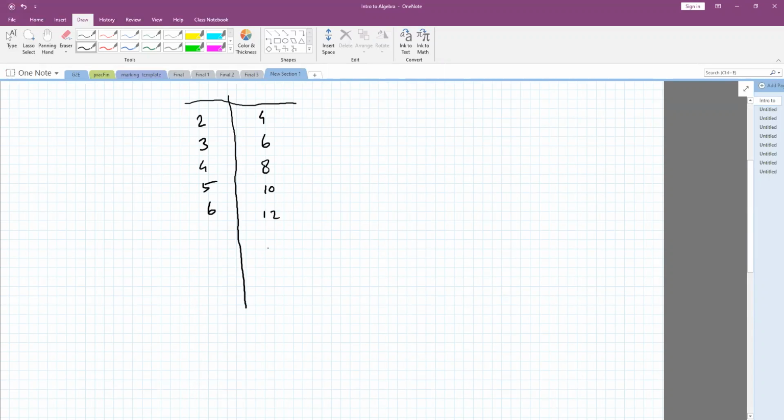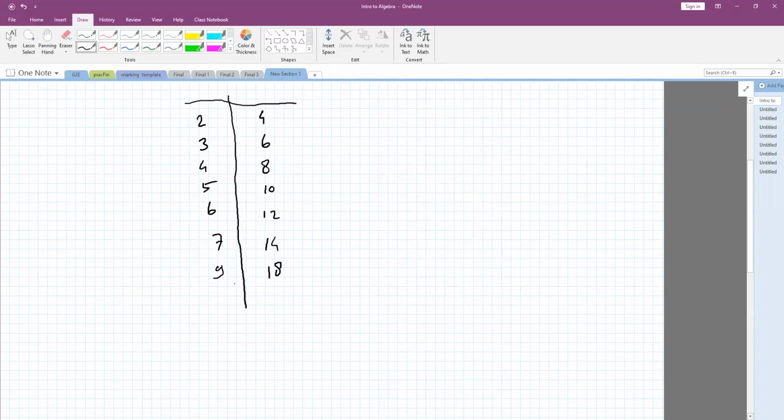Okay, now what if I put like this? For example, this is 7. What is the number here? 14. Good. Now if I jump a bit here, what if I give you this number here? For example, this is 18. 9.